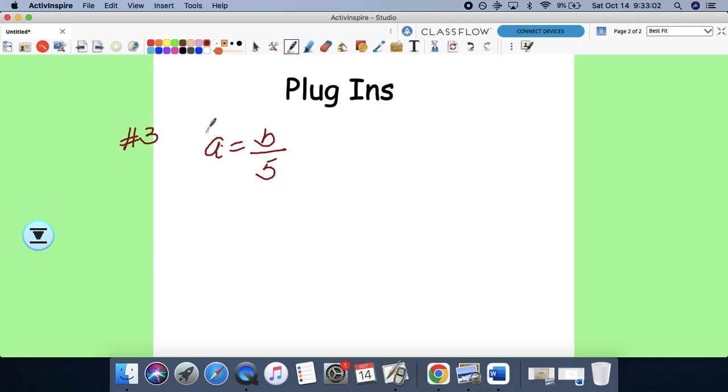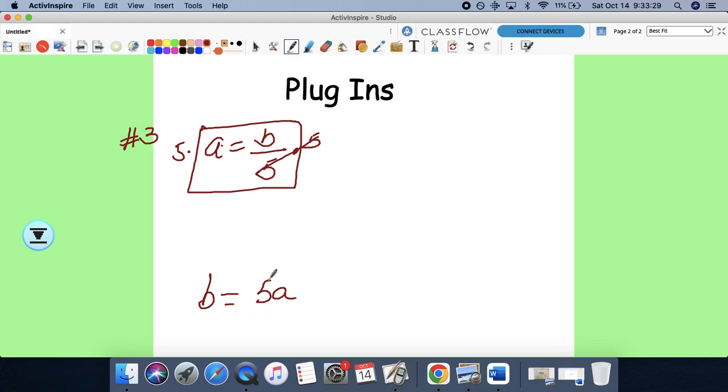Look at your multiple choice answers, in terms of A. So we want to put B on one side and have everything in terms of A. We can cross multiply, or multiply by 5 on both sides. Let's multiply this by 5, this by 5. These will go away, and we get that B is 5A.